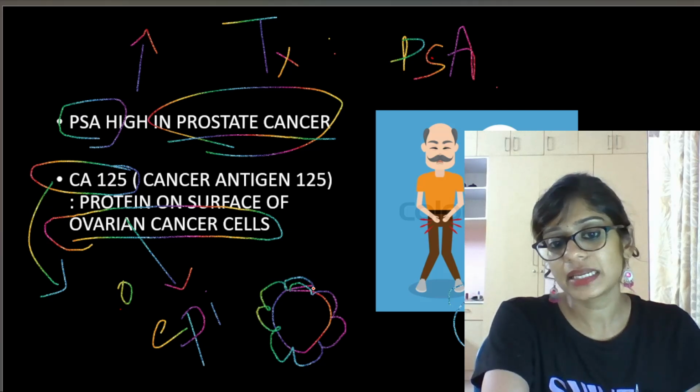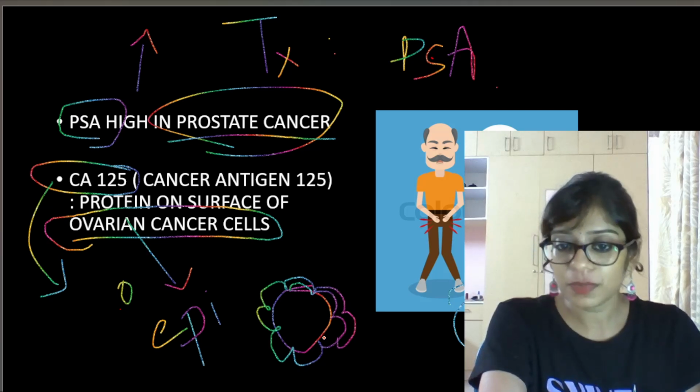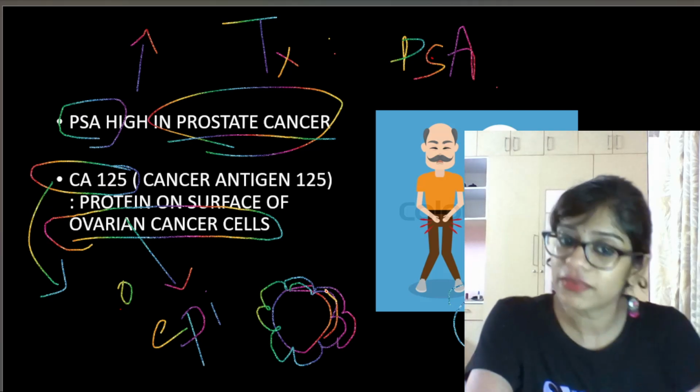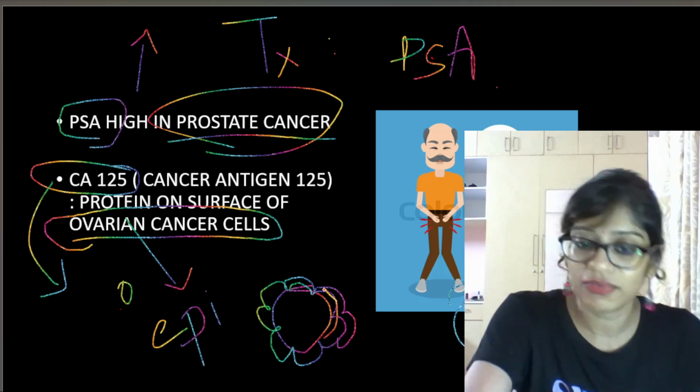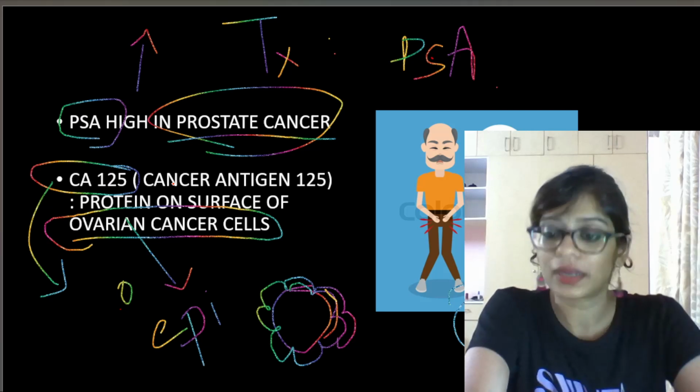Now, when these epithelial cells abnormally proliferate, they will produce an antigen in the blood called CA125 antigen. So CA125 increases in epithelial ovarian cancer.